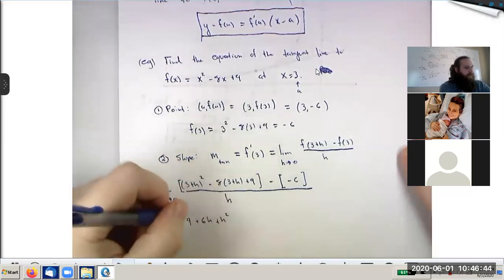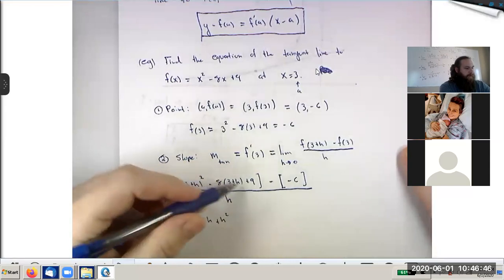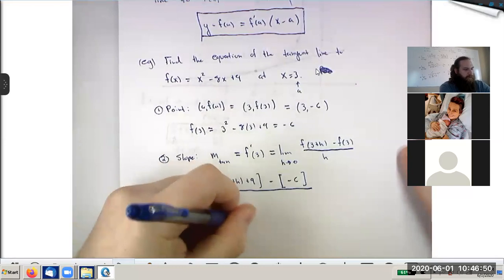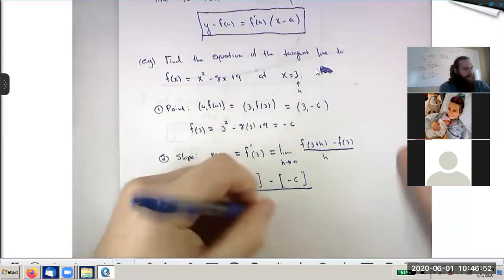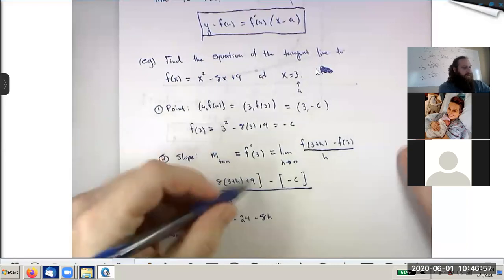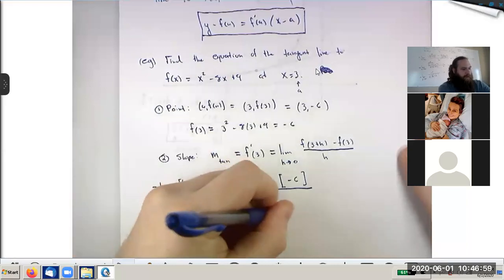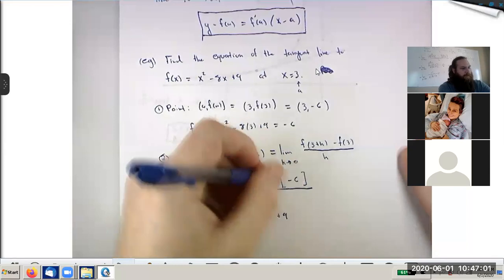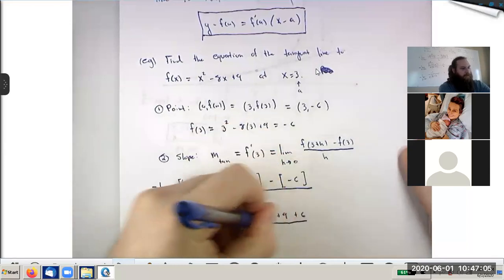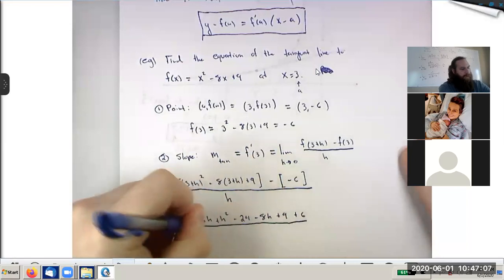And then I'm going to have to subtract from that 8 times 3 and 8 times h, so that's minus 24 minus 8h. And then I've got this plus 9 here. And then minus minus 6 is plus 6. So all this divided by h.